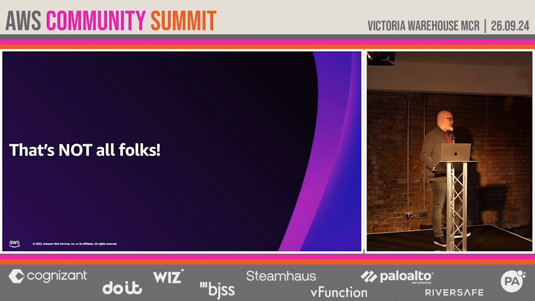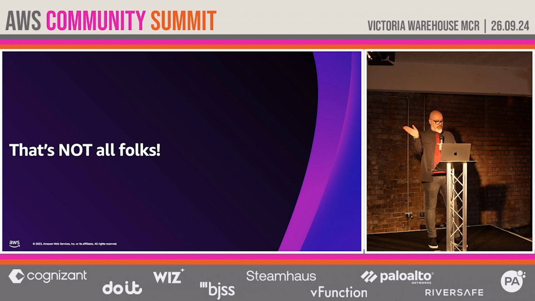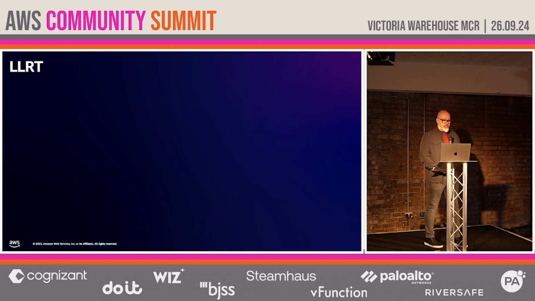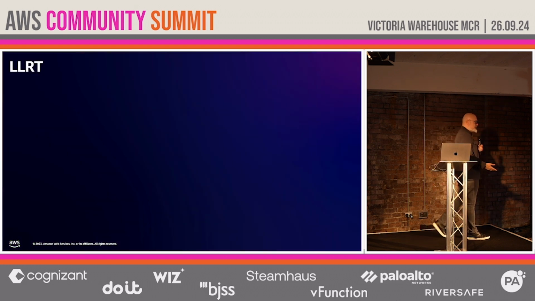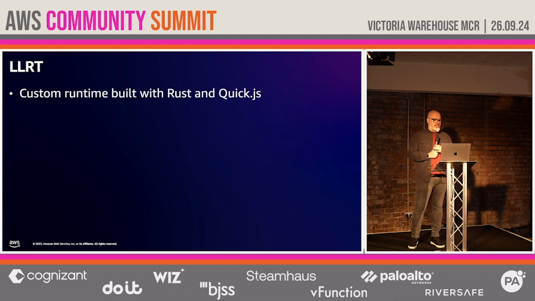But obviously, there is now the mad scientist hat that I usually have from 9 p.m. onwards. Let's start to think about whether we can optimize even further. But yes, of course we can. There is a currently experimental custom runtime called LLRT, built with Rust and QuickJS.